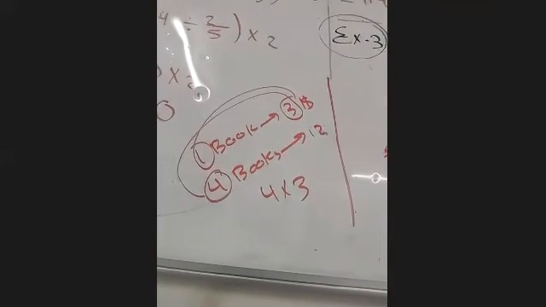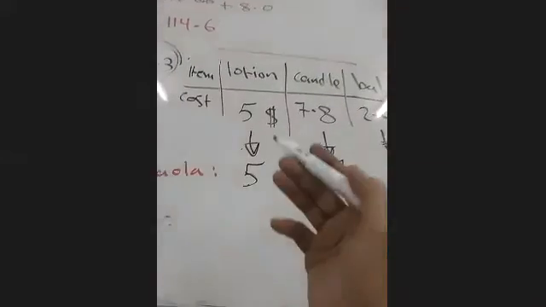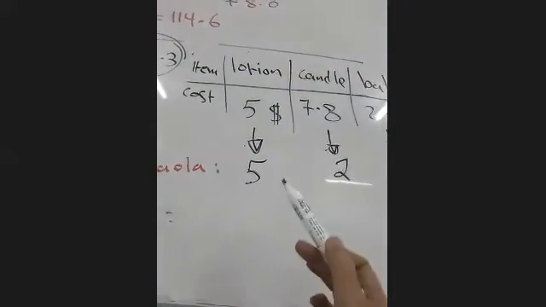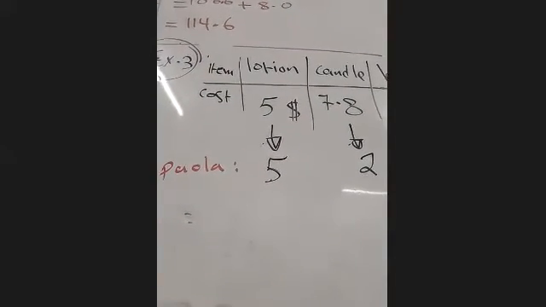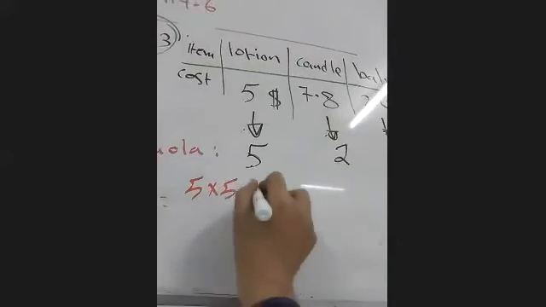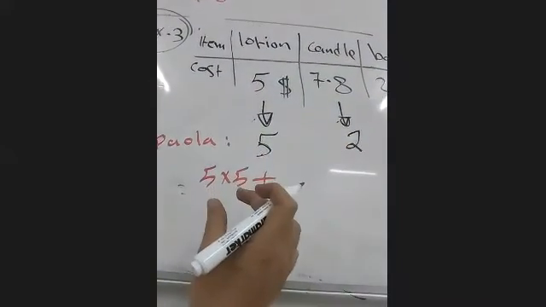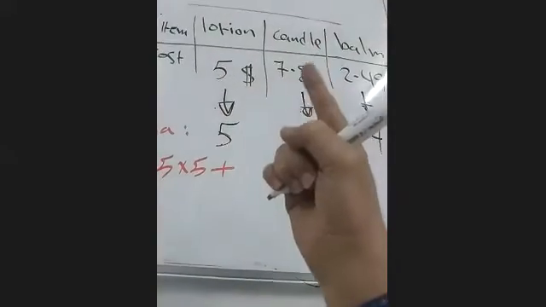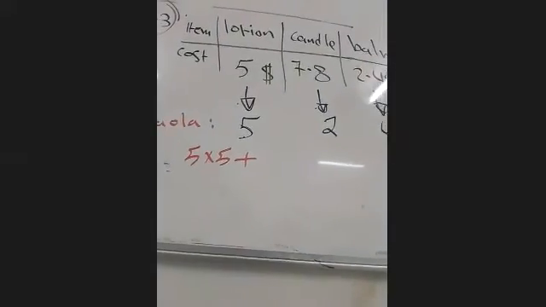Now let's go back here. If one lotion costs $5, what is the cost of 5 lotions? 25, which is 5 by 5, right? So the cost of 5 lotions is 5 by 5. If one candle is 7.8, what is the cost of 2 candles?